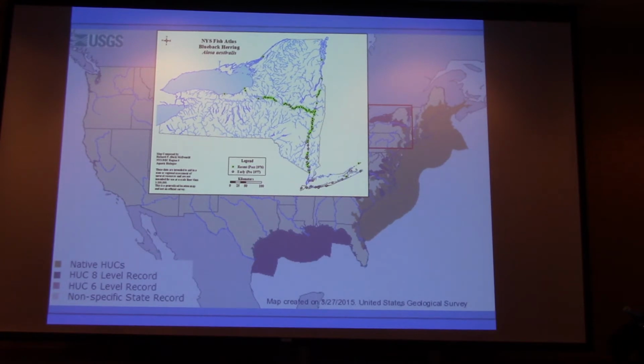The nice thing for my purposes is that this illustrates the tight connection between the Mohawk River, the largest tributary of the Hudson, going north and south, and the connections those fish are making between the Mohawk, the Hudson, and the Atlantic Ocean.